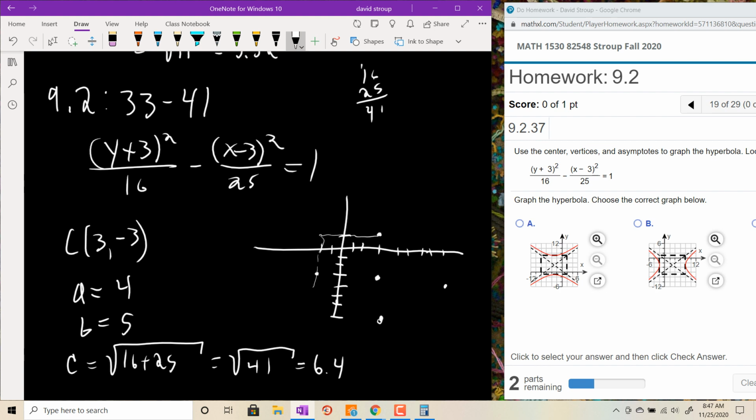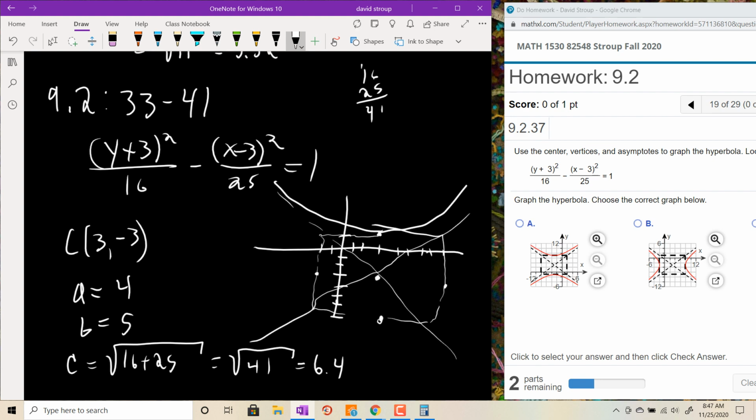Okay, here's my box then. And then get your asymptotes. I don't know if they're going to ask for the equations. We'll get there. And then the branches like this, and then the foci are out here, up and down 6.4, so right there, like this.